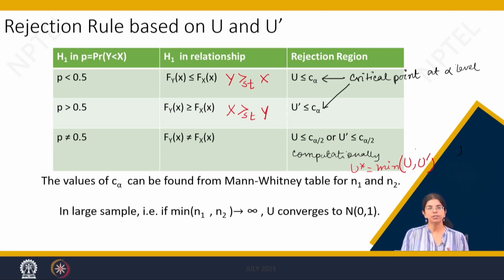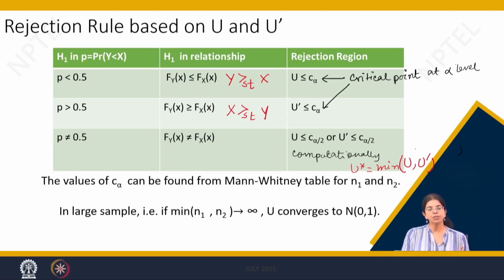Similarly, when you want to test X is stochastically larger than Y, the U prime will be smaller as compared with U. And what will be the rejection criteria? U prime less than or equal to C alpha. Okay. So these two C alphas we can look from the table.